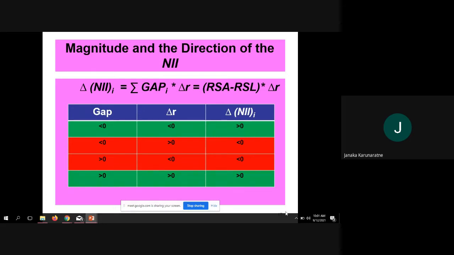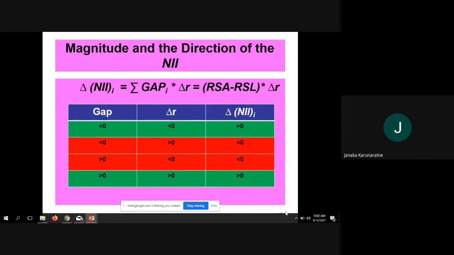If you have a positive gap, now you have a positive gap. Okay, I'll move on to the last one and come to the third one. Last row, you have a positive gap. So what do you mean by positive gap? You have more rate sensitive assets maturing in that particular period than rate sensitive liabilities maturing.